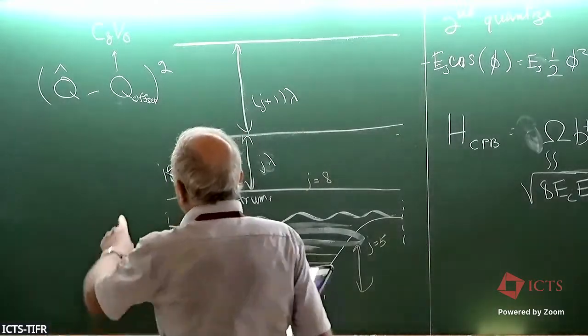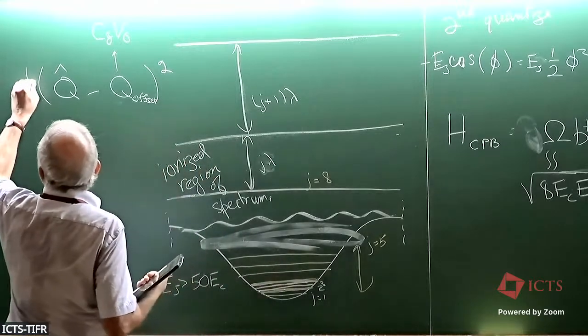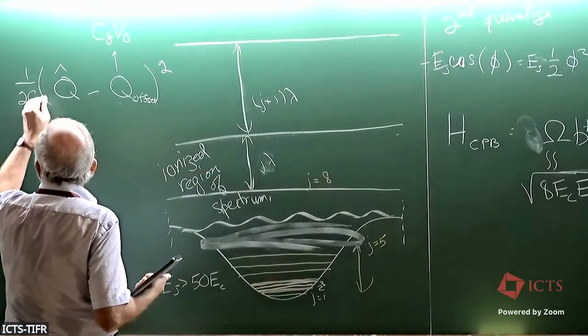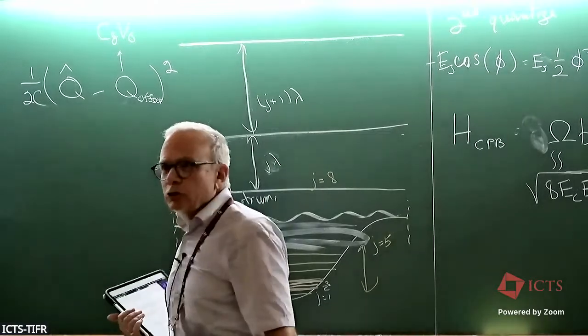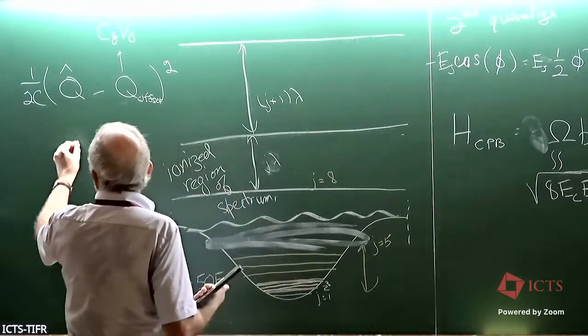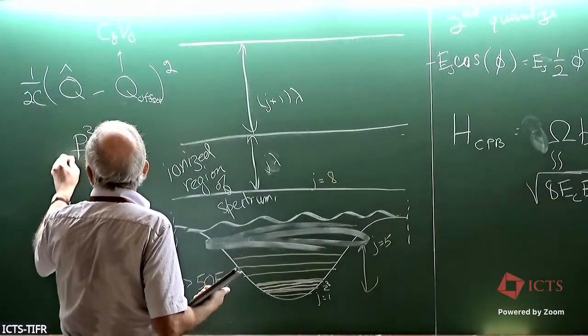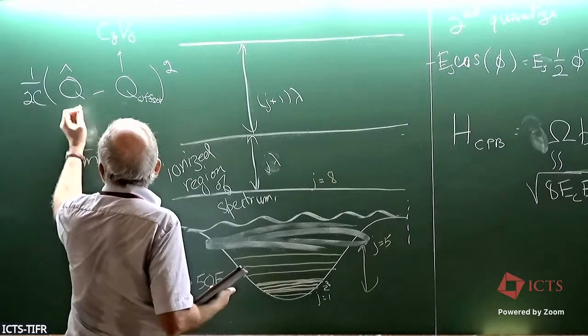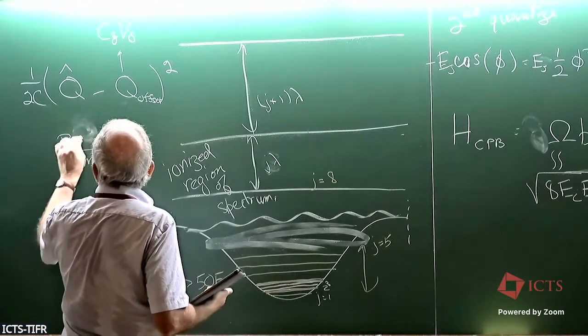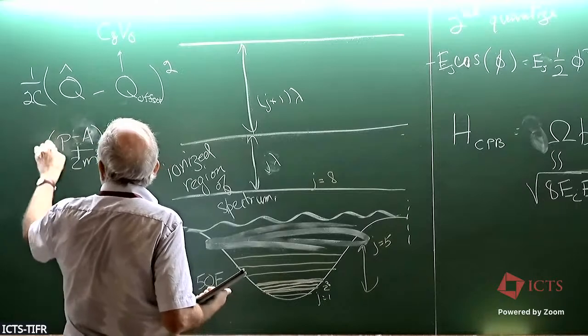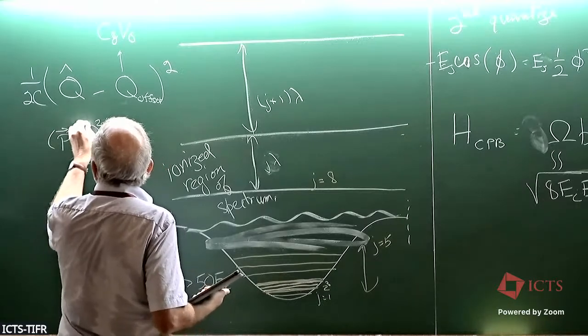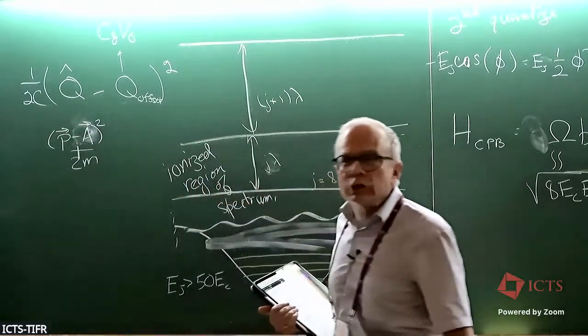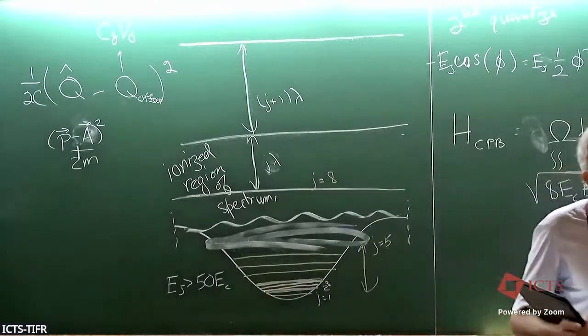Because let me remind you of how a term like this appears in normal quantum mechanics. Recall you have momentum squared over 2m, but here it's modified. So it's p minus something, p minus, let's say, A squared, if that helps you remember where this appears in normal quantum physics. So it's the vector potential.